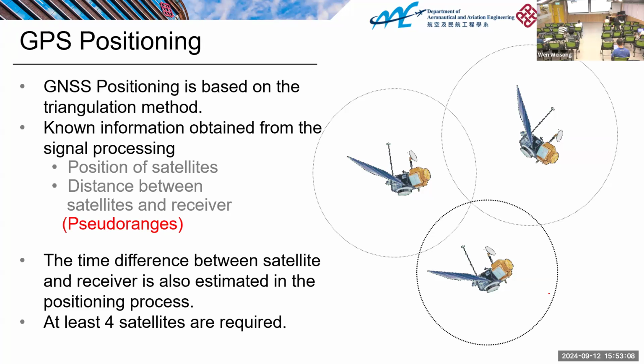For the GPS positioning problem, the location of the satellite is a known variable because we already know the orbital information of the satellite. The distance from the satellite to the receiver is also a known variable.